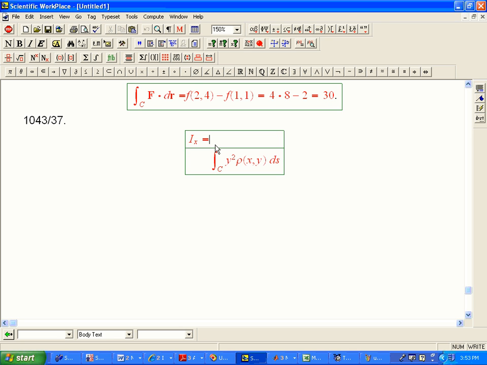So let me just write it that way at first. The integral of this quantity, y squared, the square of the distance from the x-axis, just like with moment of inertia for a lamina or a solid object, times dm. The problem with that is it's a very abstract or symbolic concept, and we need to convert it into a more practical thing.